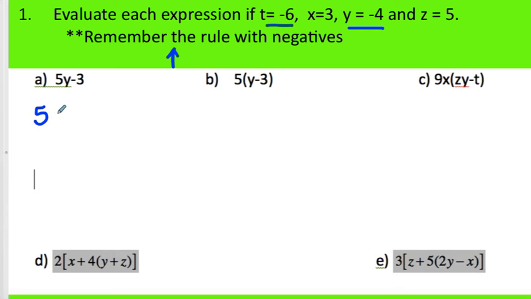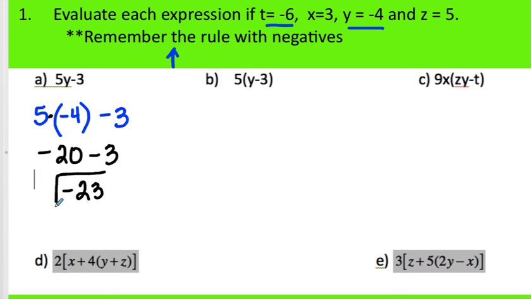So I'm going to substitute negative 4 in for y. Notice I put it in parentheses. Then this is multiplication, so 5 times negative 4 gives me negative 20 minus 3. Okay, so now I see that they're both negative numbers, so my answer is going to be more negative. So it's negative 20 minus 3, which is going to give me negative 23.